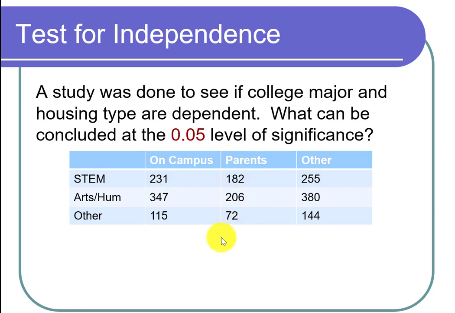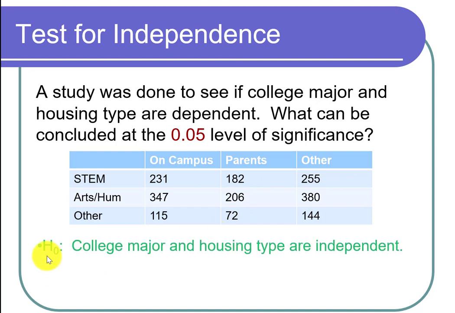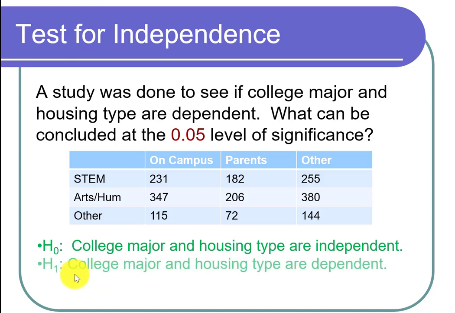So now it's time to write down the null and alternative hypotheses. The null hypothesis, H naught, is college major and housing type are independent. And H1 is college major and housing type are dependent.